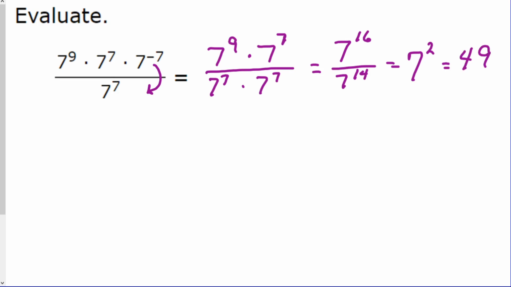All right, so let's look at it if we do it straight across. If we don't move the 7 to the negative 7th down, we end up with 7 to the 7th on the bottom, which we're not doing anything to, so we can just rewrite. And on top, we're just going to go straight across and add all the exponents. So 9 plus 7 plus negative 7.